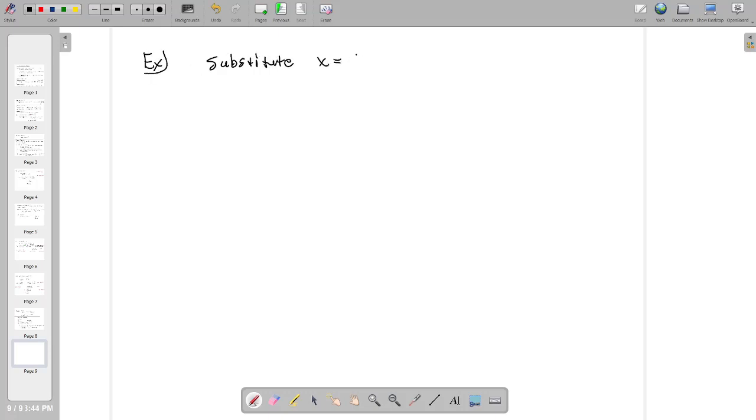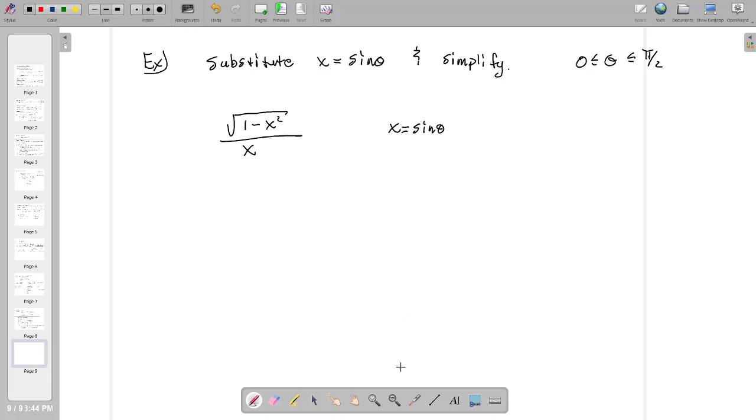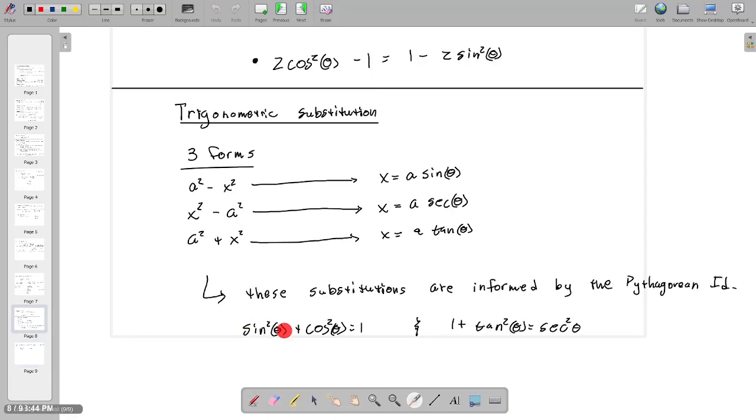Substitute x is equal to sine theta and simplify, where 0 is less than theta is less than pi over 2. We don't need to worry about that for now. So if our expression is the square root of 1 minus x squared, divided by x, and we're substituting x is equal to sine, I want you to notice that it'll fall into this Pythagorean identity.